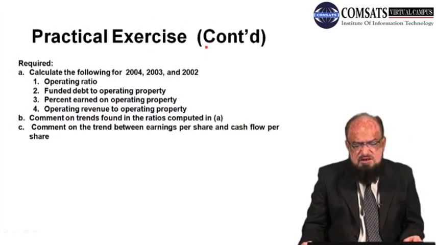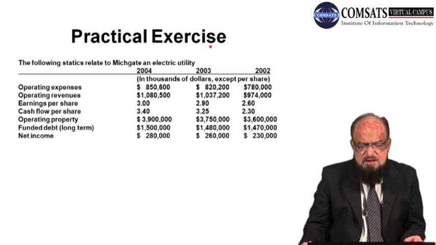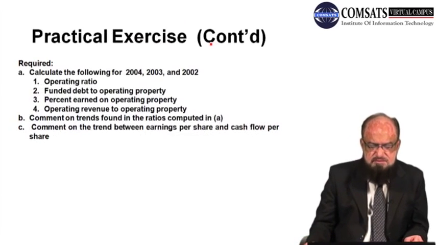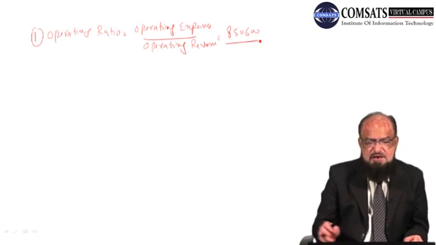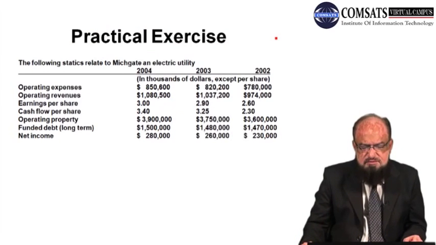Operating expenses given in the question, you can see that is 850,600 for year 2004, divided by operating revenue, which is 10,80,500.